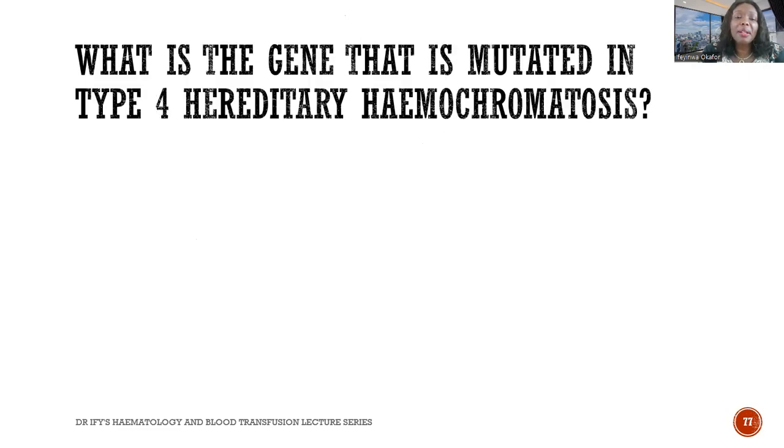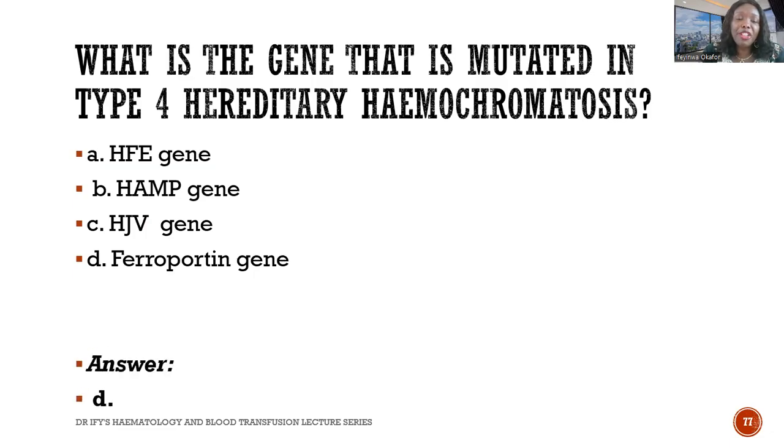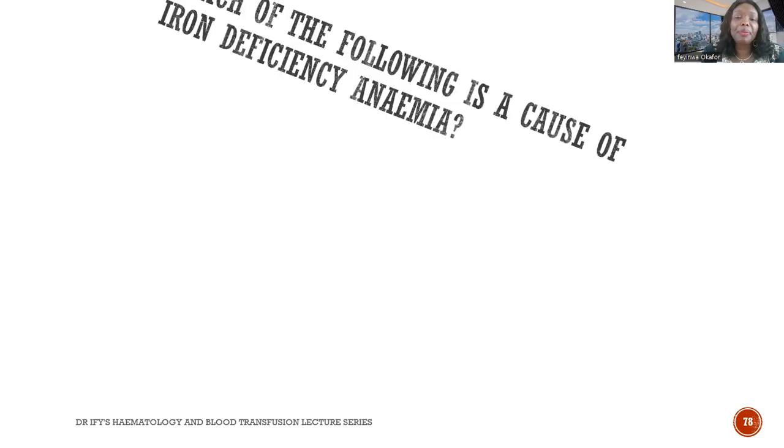What is the gene that is mutated in type 4 hereditary hemochromatosis? HFE gene, HAMP gene, HJV gene, ferroportin gene. Answer D, mutation in the ferroportin gene is responsible for type 4 hereditary hemochromatosis.